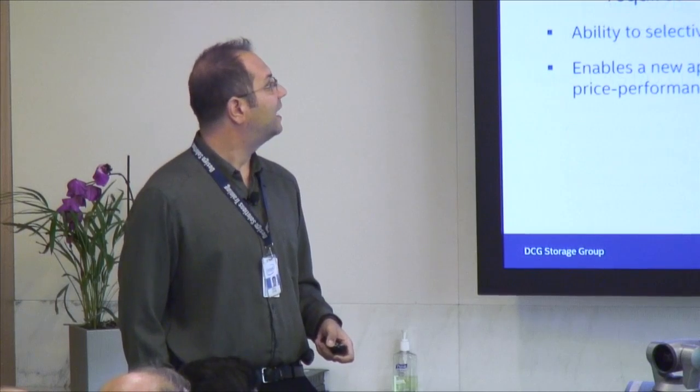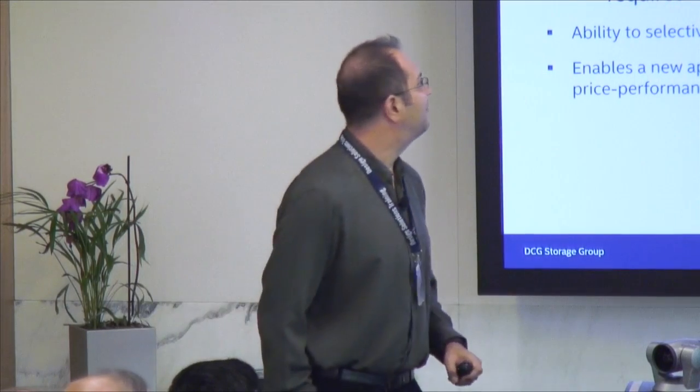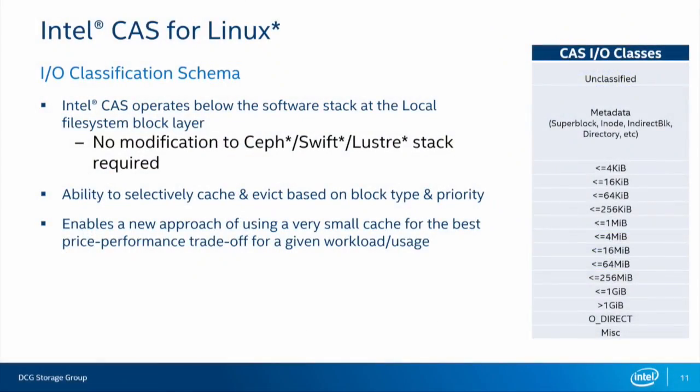Here are the classes, to your point. So the classification schema you see over on the right-hand side, basically, these are the classes that we identified. We have all metadata in one bucket, and then we're able to identify if it is a file I/O, what the size of that I/O is going to be, and classify each of those individually.